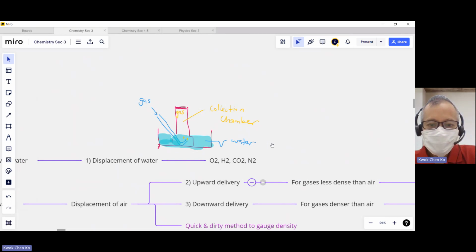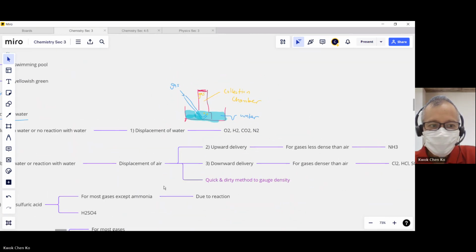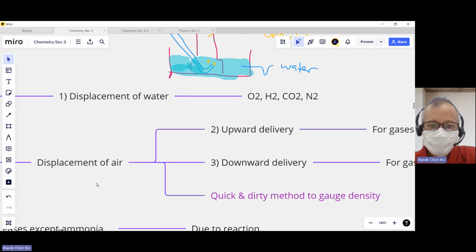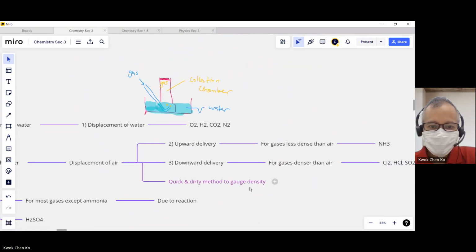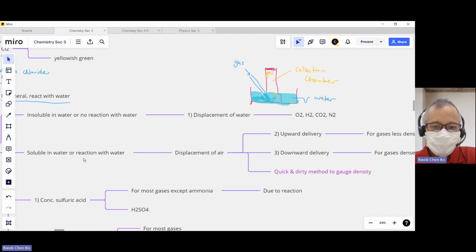Now, there are two other methods. All right, the other two methods are based on displacement of air. And under displacement of air, there are two possibilities. Now, essentially, when do we use displacement of air?